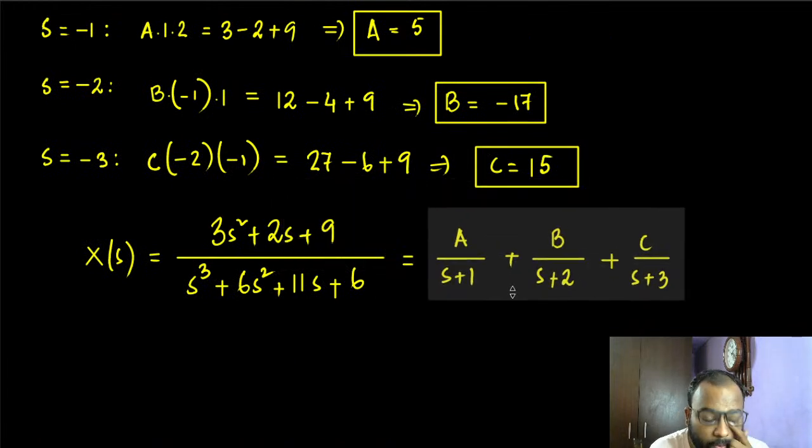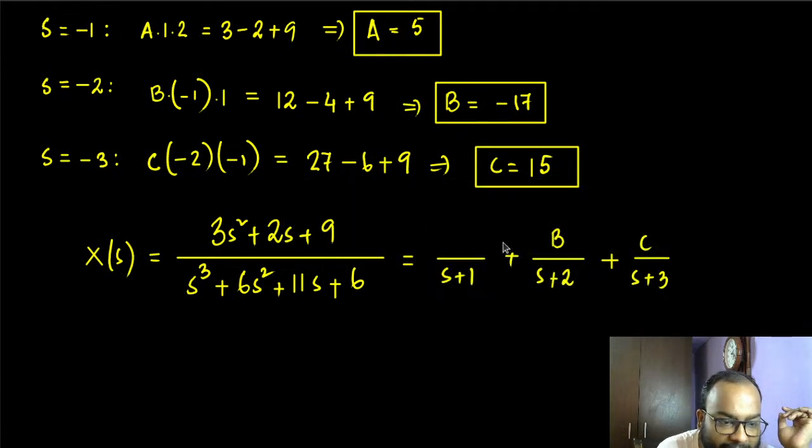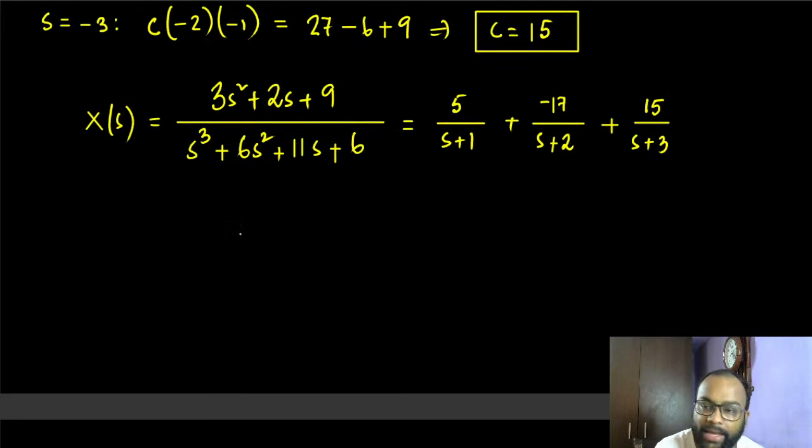Okay, so now we know the values of A, B, and C. We can just put them here. So this is going to be something like 5, minus 17, 15. All right, so that's how we actually do the inverse Laplace transform.